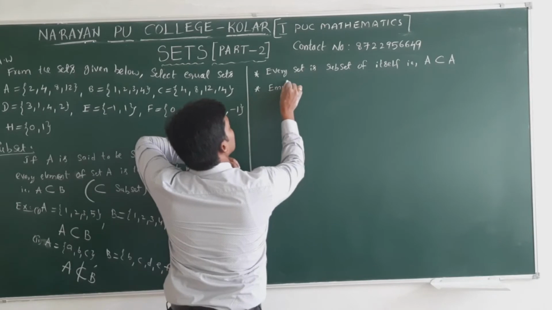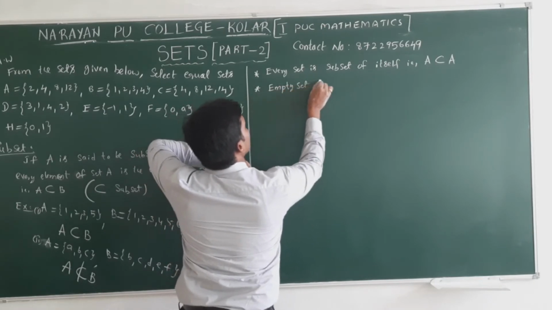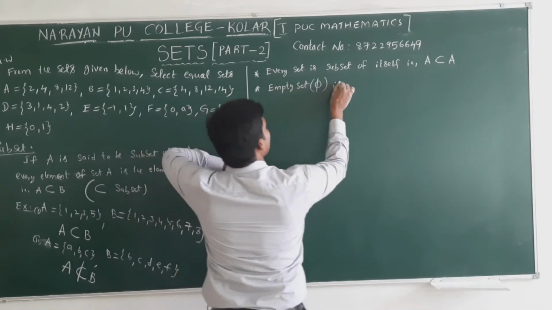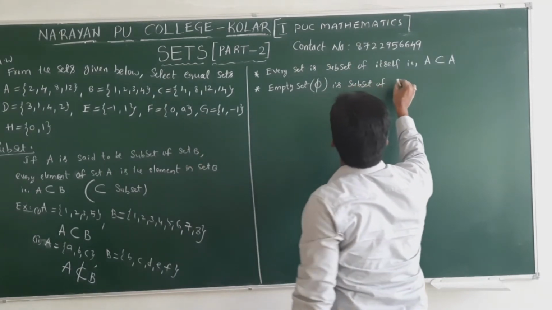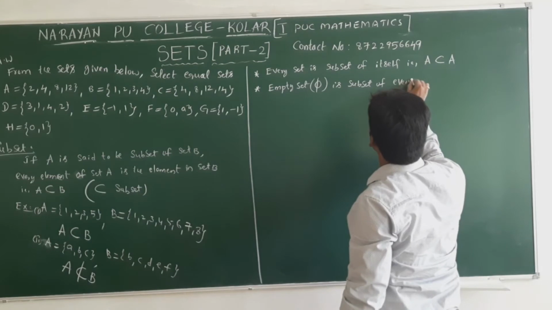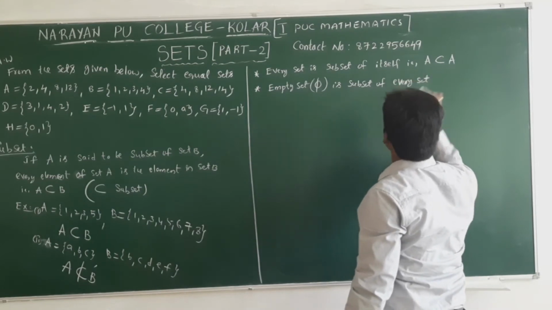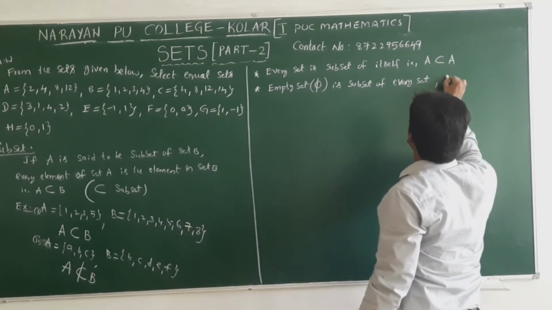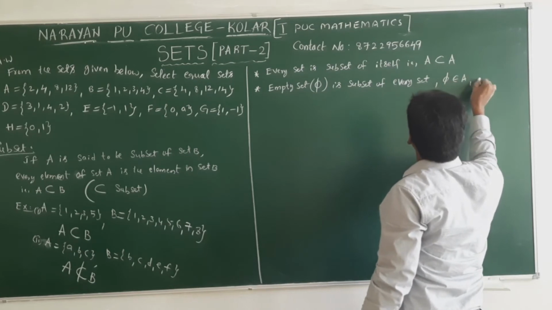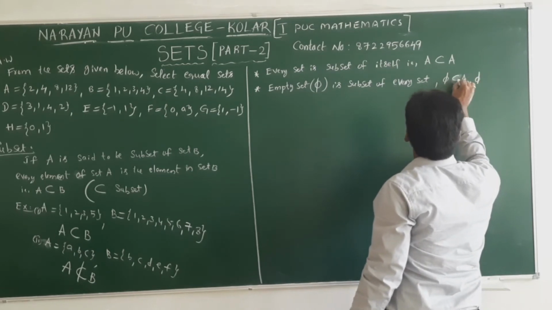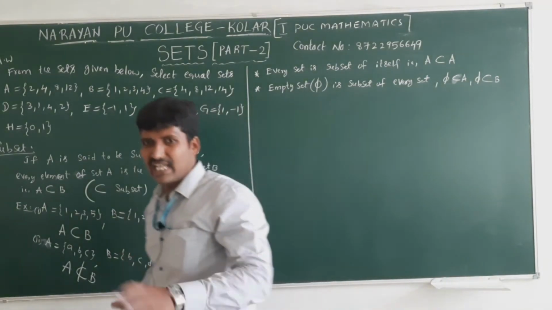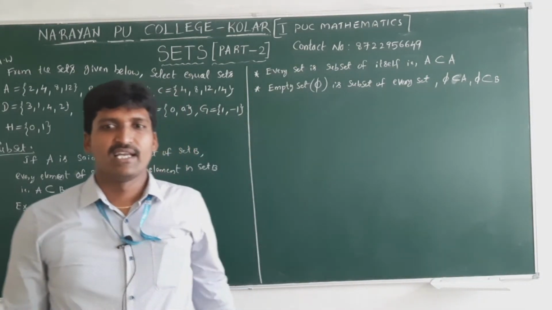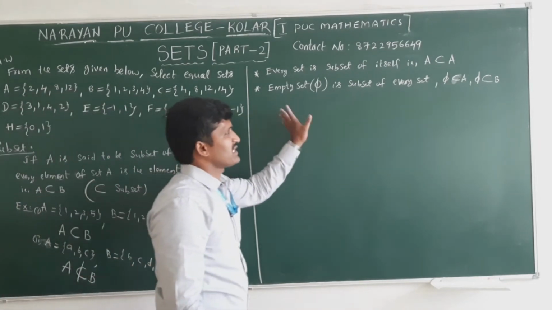Next, the empty set phi is a subset of every set. That means phi is a subset of any set. Phi is a subset of A, phi is a subset of B, because it does not have any element, we can consider every empty set a subset of every set.